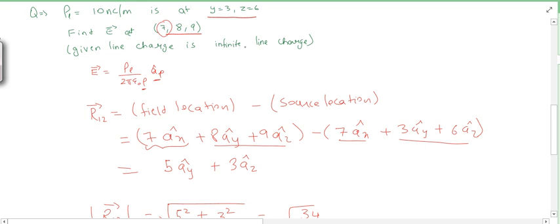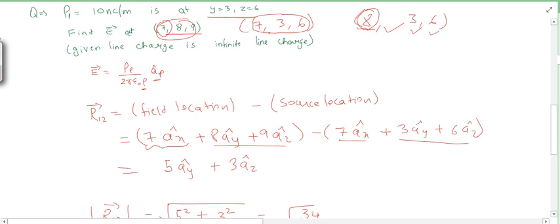So if a question like this comes and it gives the location as, suppose, 7, 3 and 6, this point will be on the line. If it's something like 8, 3, 6, this point will also be on the line. So it will not depend on the value of x, because the line is parallel to the x-axis and passing through 3, 6 of y and z.